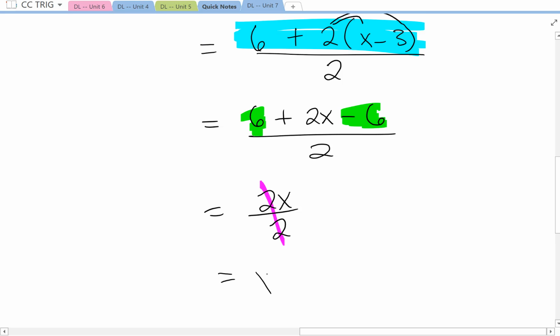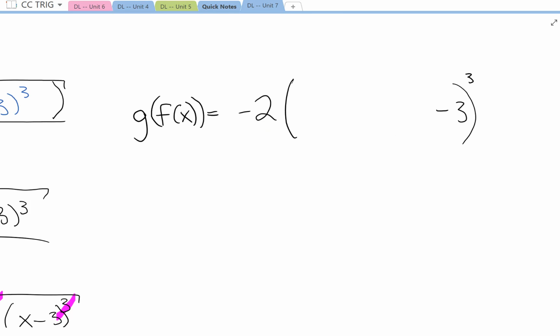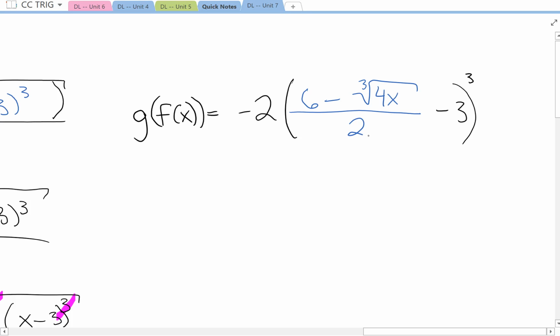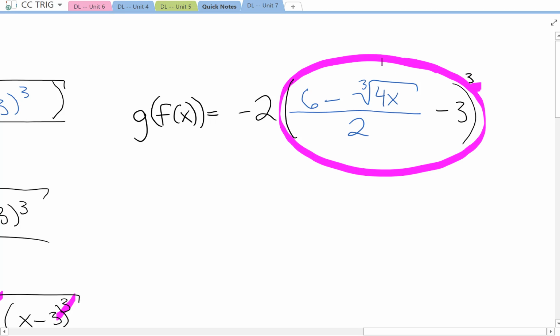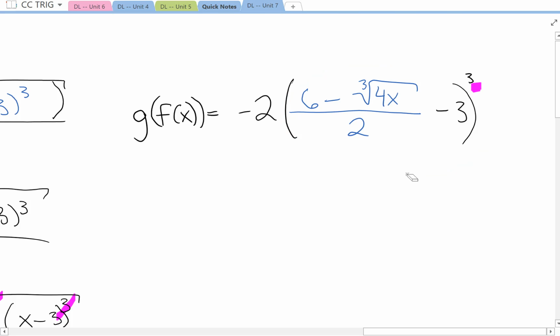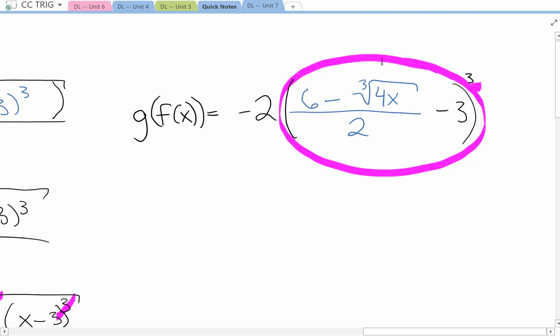All right, halfway done. As I plug the f function into the g function, you have 6 minus the cube root of 4x all over 2. Here you may be tempted to want to cross off your 3's, but you can't. You have to break down and simplify everything until you can apply the exponent of 3 to both the numerator and the denominator.